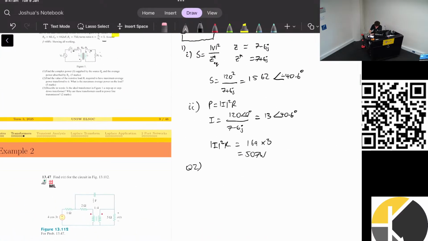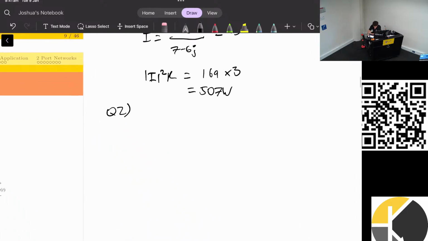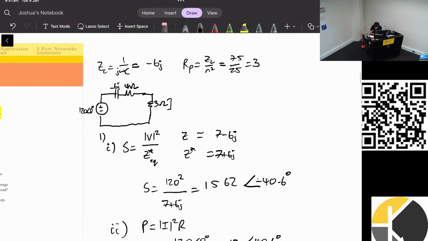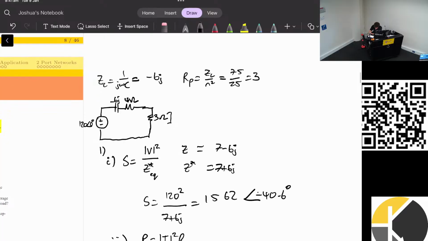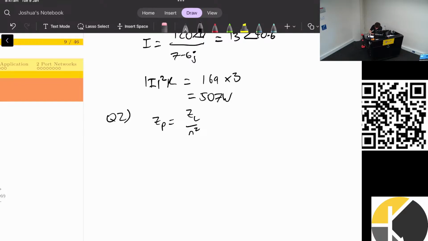And you'll see why. So I'm going to imagine that this is still RL, but we don't know what RL is now. We're trying to find some RL. We're going to sub in a resistor to the maximum power thing. So we'll use our reflected load equation again, which is ZP equals ZL on N squared, right? N is 25, so we're going to say ZP equals ZL on 25.